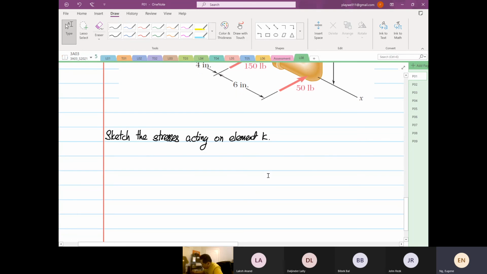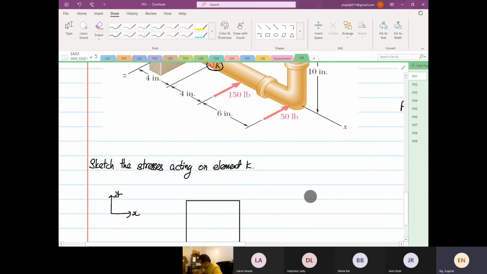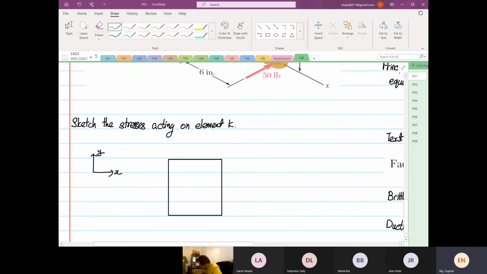This is just a sketch, so we are going to sketch this in 2D, looking in the X and Y direction. This is just an example, I'm not saying it's doing this or that. The structure can have tension over here, you can have shear, in some circumstances you have compression.